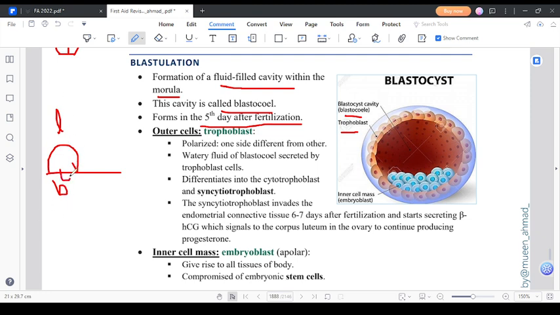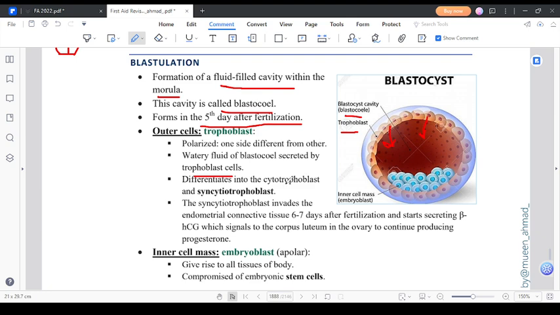The nephron has sodium potassium ATPase on the basolateral side and some particular channels on the luminal side, depending on the site of the tubule, like if it is a PCT cell or the loop of Henle and so on. But forget about that. The thing that I want to mention is that the trophoblast cells are polarized. One side is different from the other. The watery fluid of the blastocyst is secreted by the trophoblast cell.